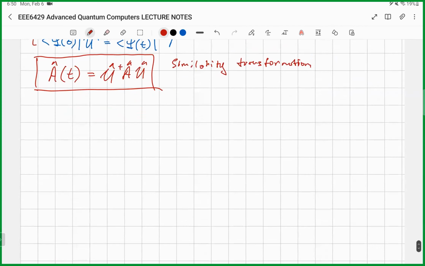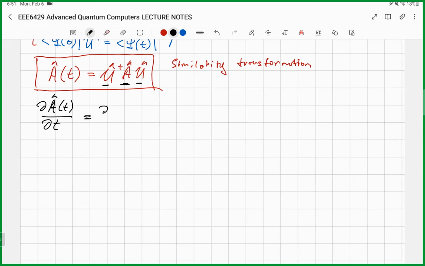It's very easy. So let's take the partial derivative of this Heisenberg operator in time. What will I get? Here, this operator A in the Schrodinger picture doesn't depend on time. So I have to take the partial time derivative of u dagger and u.